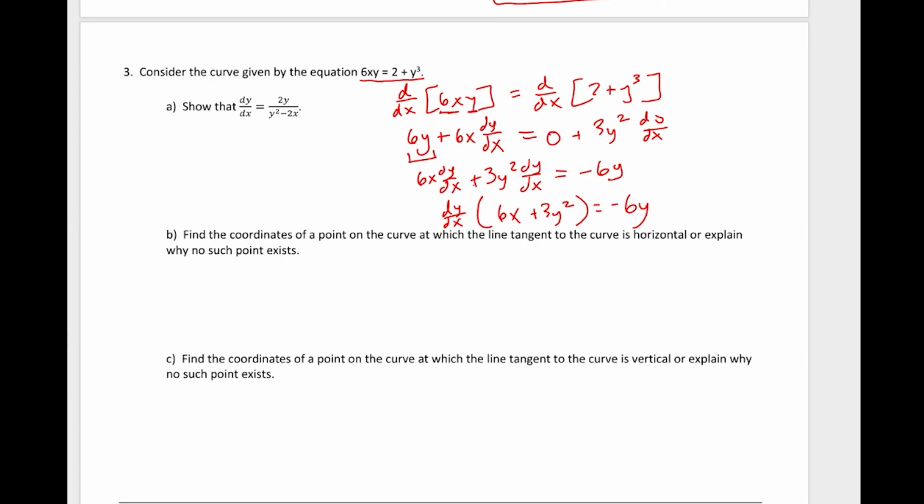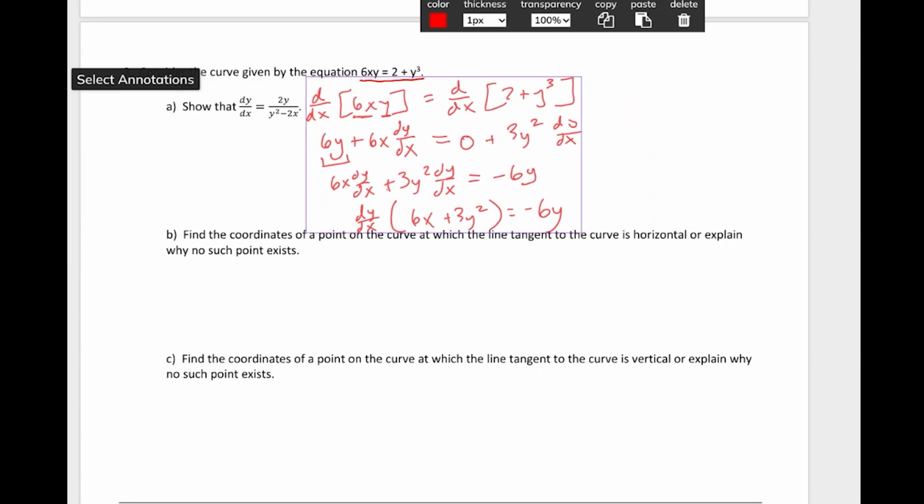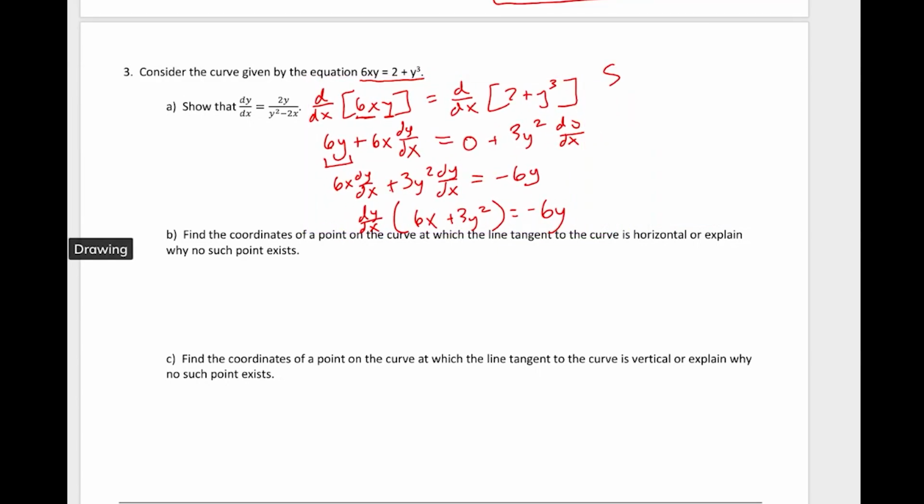And I could divide both sides by the 6x plus 3y squared. So dy dx is going to equal negative 6y over 6x plus 3y squared.